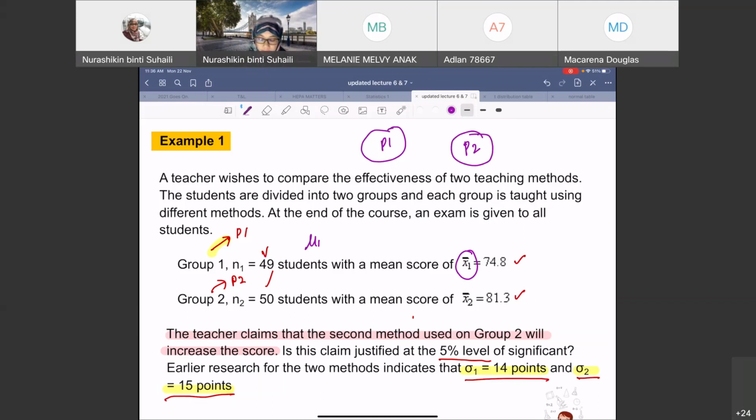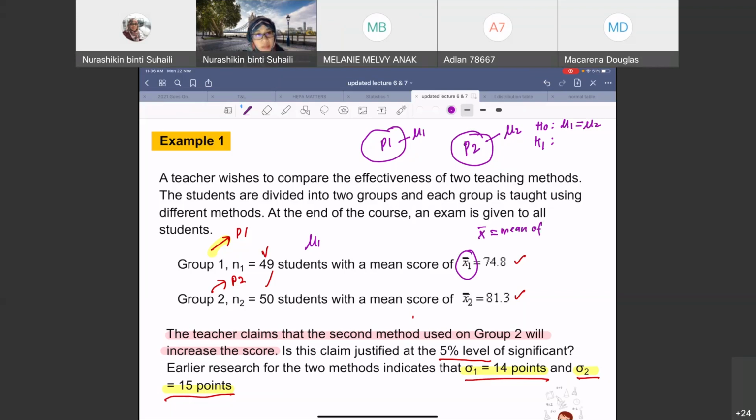So for the hypothesis, here it has mu1 and this has mu2, since our aim is to compare the 2 means. Remember the null hypothesis: there is no difference, which means that mu1 is equal to mu2. So the null hypothesis would be mu1 is equal to mu2. When you construct the hypothesis, you are using mu. Mu is the mean of the population, while x bar is the mean of the sample.